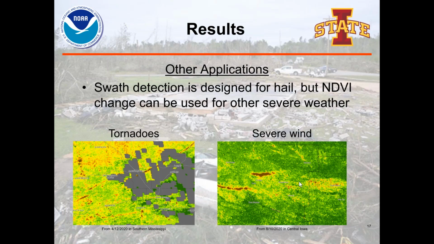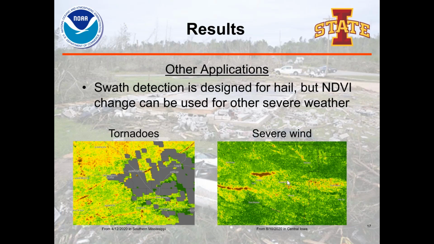And then the same sort of goes for severe winds. This was from the 2020 derecho in central Iowa. You can see it's not quite as clear in some places for the severe wind, but out on the right side of this image is Cedar Rapids, and you can see where it goes into some yellows or browns where there was corn that was damaged from all of that severe wind.